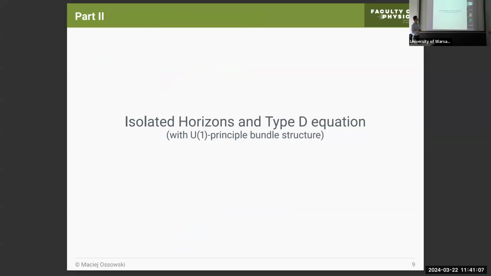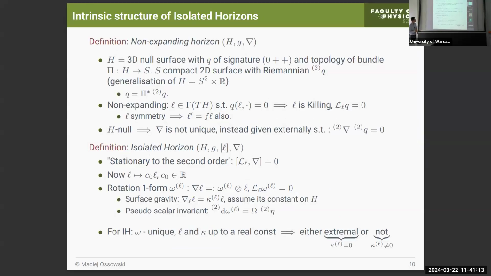Okay, so knowing the motivation, what are actually isolated horizons and what is a type D equation? So I want to present maybe not the most standard definition of isolated horizon, because for the purpose of stating what we are doing it is enough to speak about horizons which are unembedded 3D manifolds.